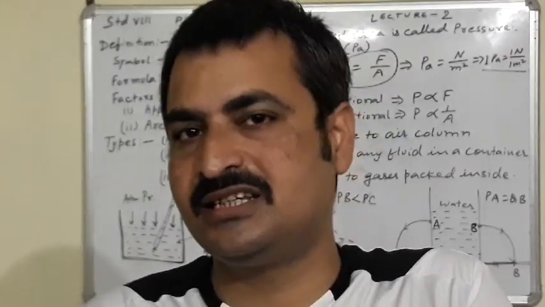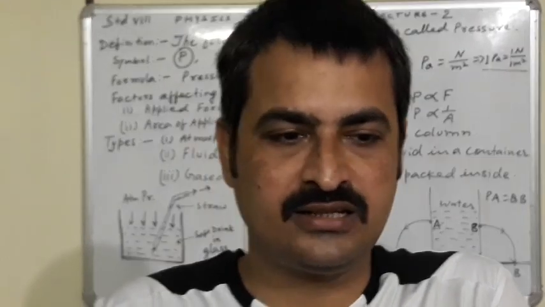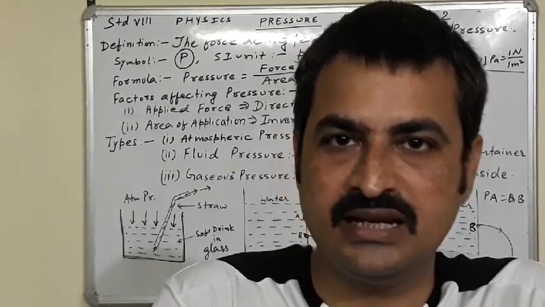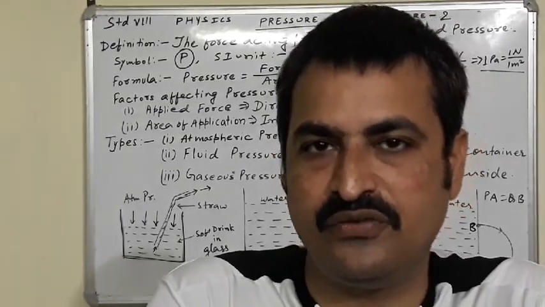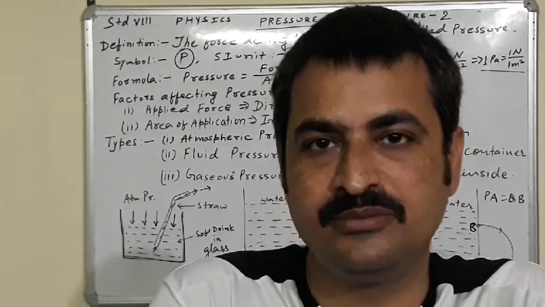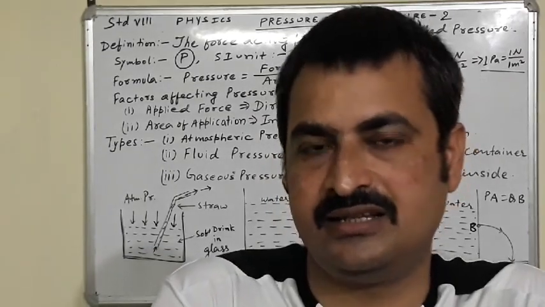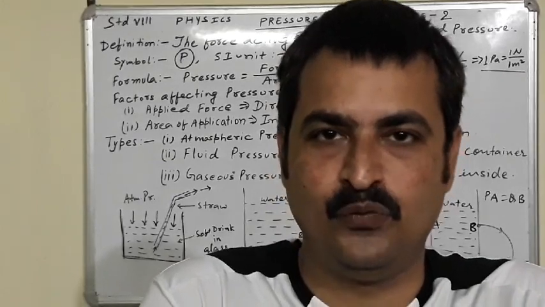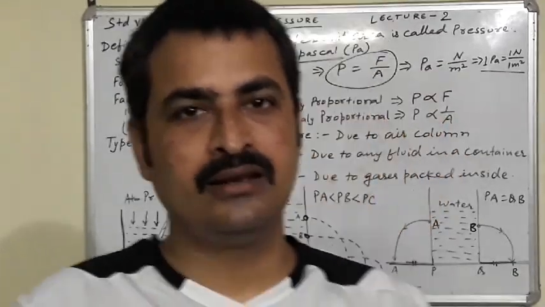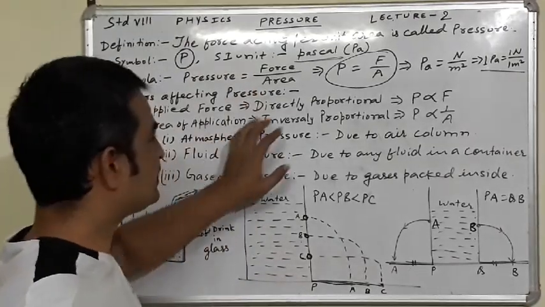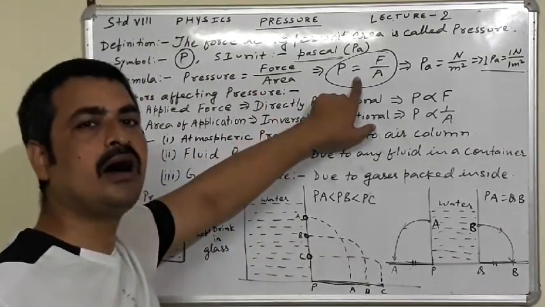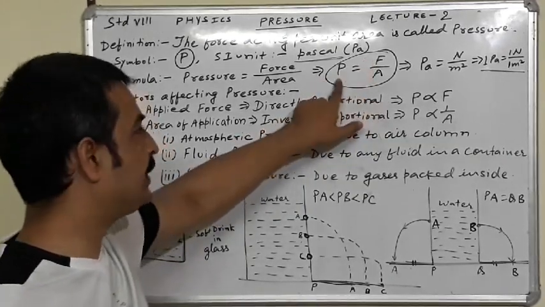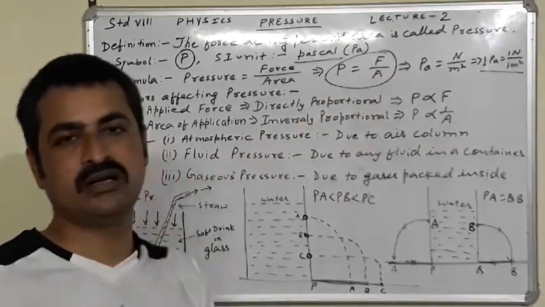If area is increased, pressure is decreased. If area is decreased, pressure is increased. It is the inverse relation. We can explain both the factors by using a single formula. P is directly proportional to the numerator and P is inversely proportional to the denominator.